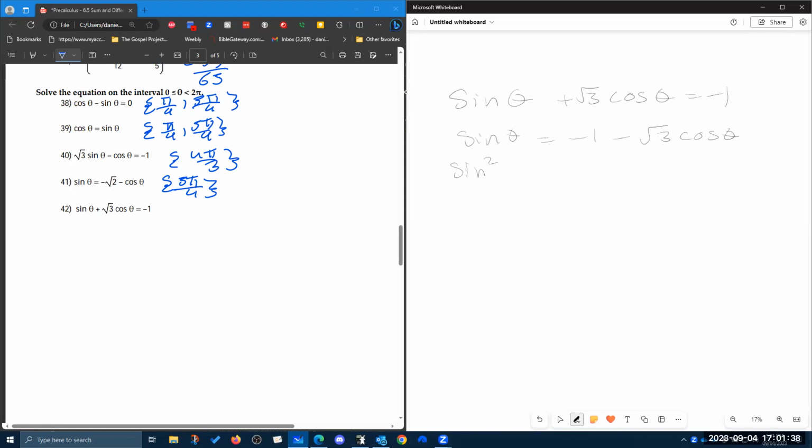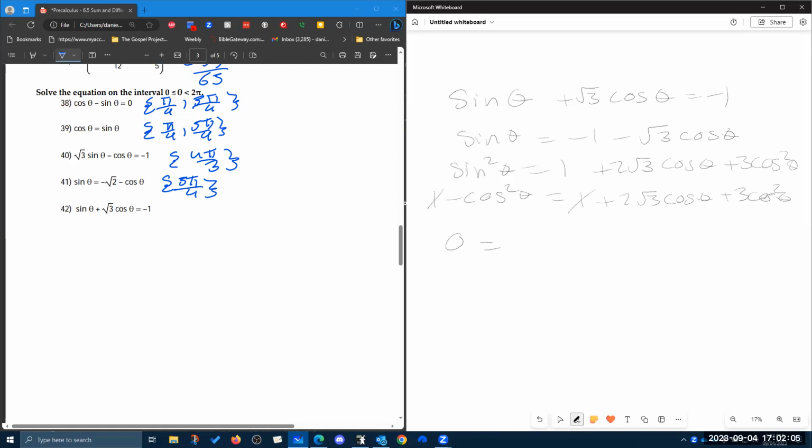Square both sides. Make this 1 minus cosine squared. Bring everything over to the right-hand side.